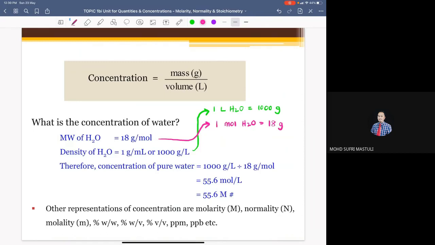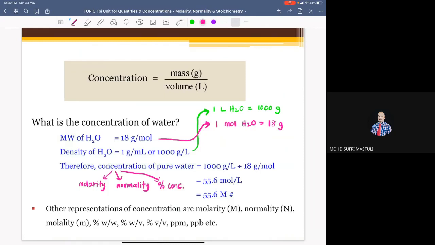So when we want to calculate the concentration of water, it can be represented in different units. It can be presented in molarity, or normality, or percentage concentration.